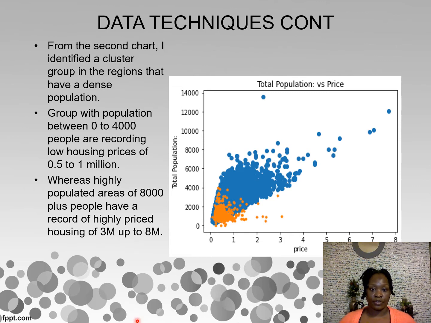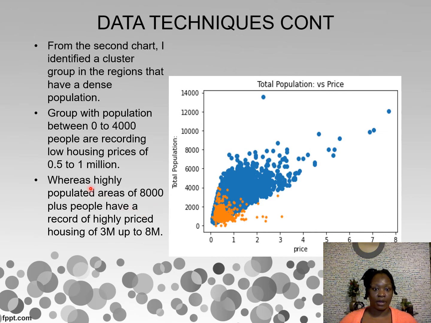From this chart, we can identify that the population group and price group tend to concentrate around this area, whereby the group with a population between 0 and 4,000 is seen to have a lower house market price of around 0.5 to 1 million.